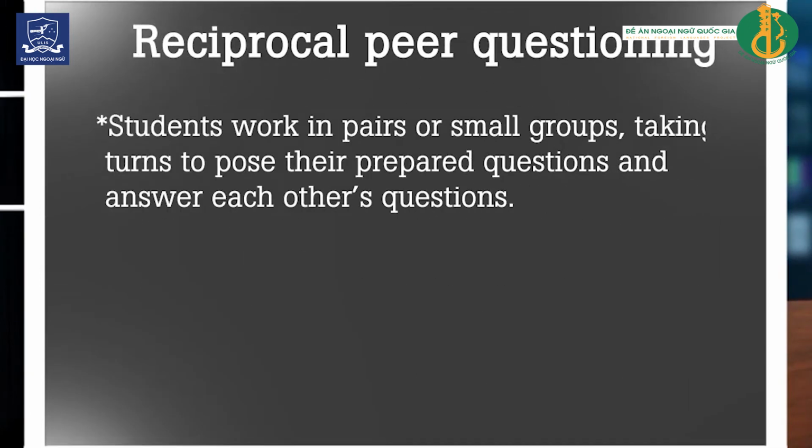Another useful strategy is reciprocal peer questioning. Reciprocal peer questioning is recommended as a useful strategy for promoting critical thinking and critical reading skills. In reciprocal peer questioning, students work in pairs or small groups, taking turns to pose and prepare questions and answer each other's questions.